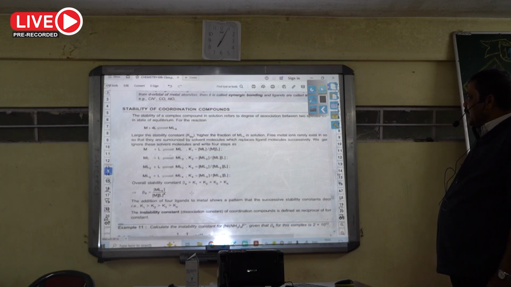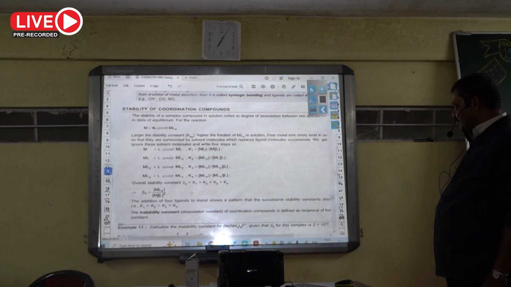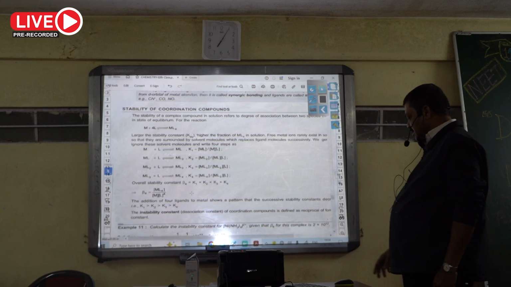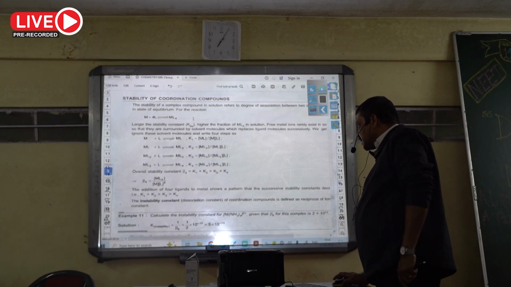Stability of coordination compounds is expressed in terms of stability constant. Larger the value of stability constant, greater is the stability of the complex.